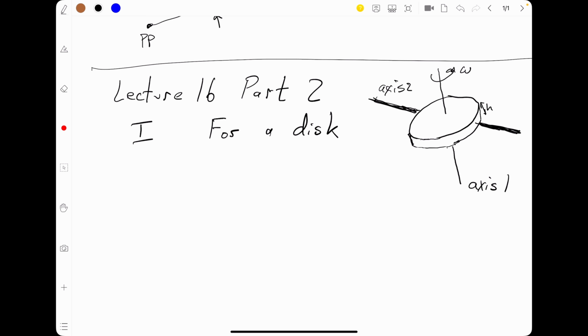Okay, fine. Our disk has a radius r, and let's give ourselves some numbers. You guys like numbers, so let's do it. 0.5 meters, so it's a full meter across. Okay, that's a big disk.